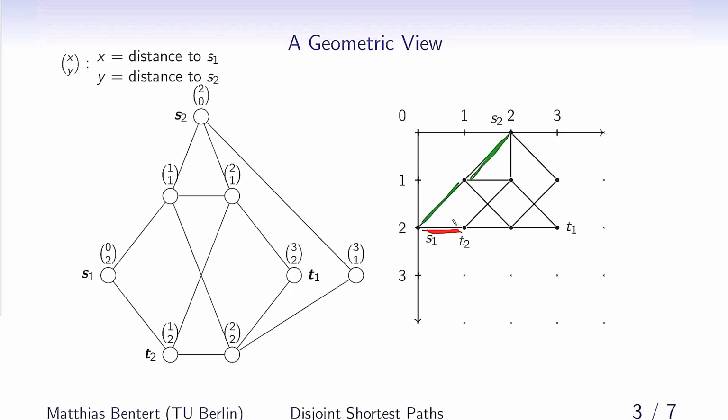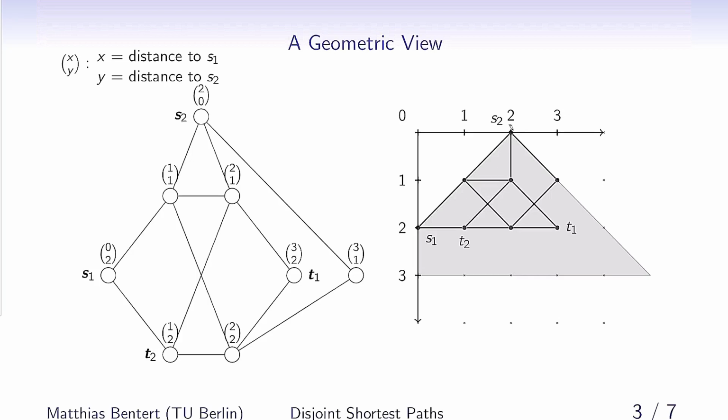And if we generalize this idea, then we see that all important vertices, or all vertices that might be part of a shortest S2-T2 path, can only lie in this gray region here. So to say, in a 45-degree angle from point S2.